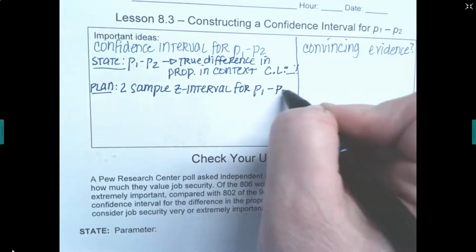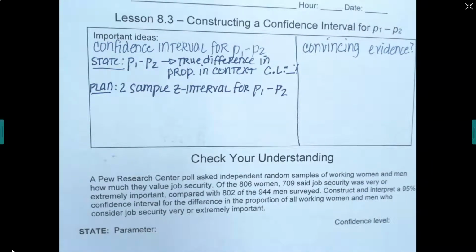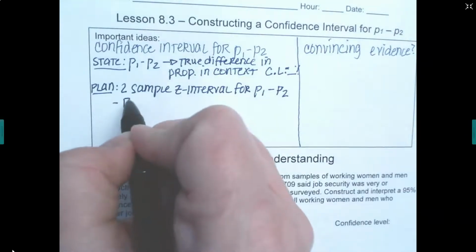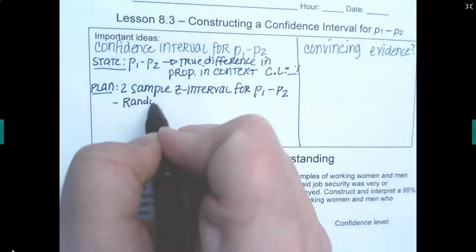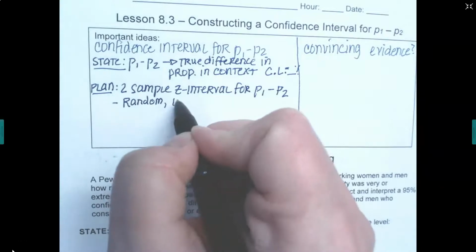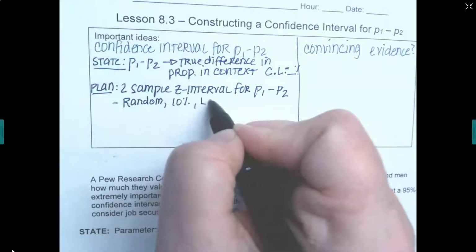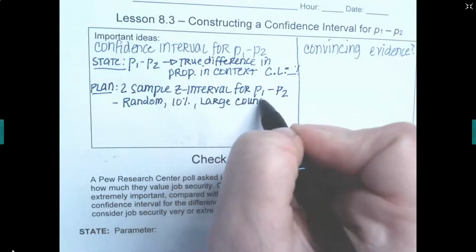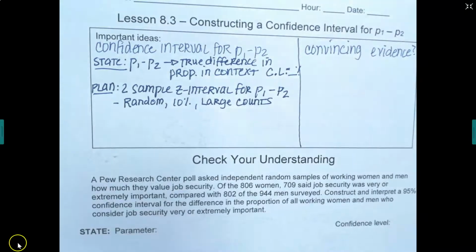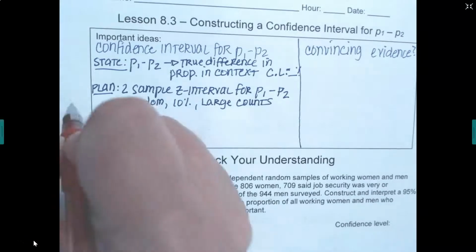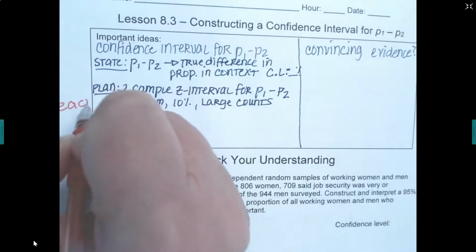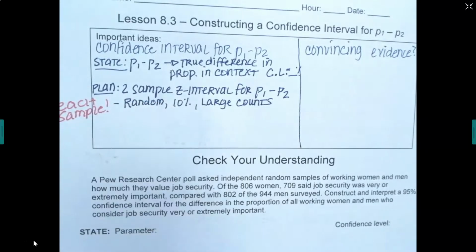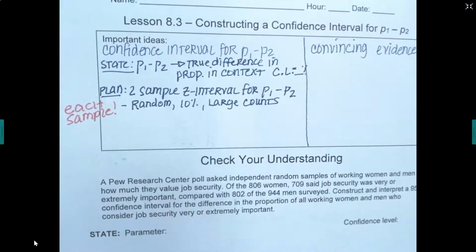So we're going to write it like that. Show that it's a difference of proportions. In here, you want to make sure that you hit your random, check your 10%, and your large counts. And you need to do this for each sample. So you've got to do it twice because it's a two sample.